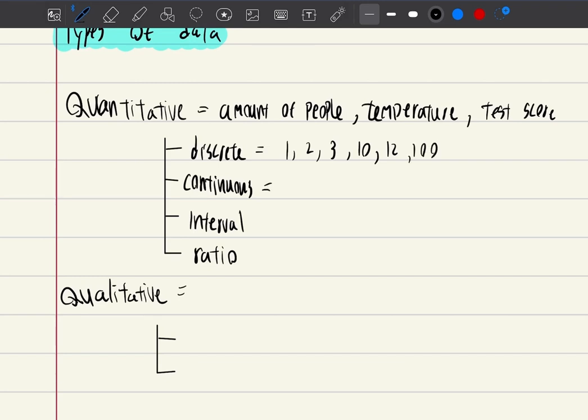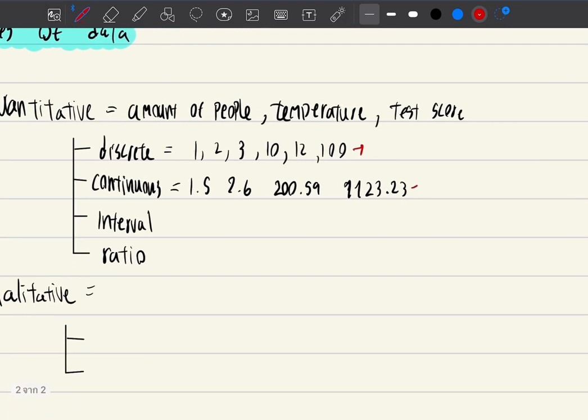The continuous is gonna be something like 1.5, 2.6, 200.5059, 1123.23. For example, discrete is like the amount of people. You cannot have half of a person, but with continuous you can. It's like height, weight, something you can measure with decimal numbers.